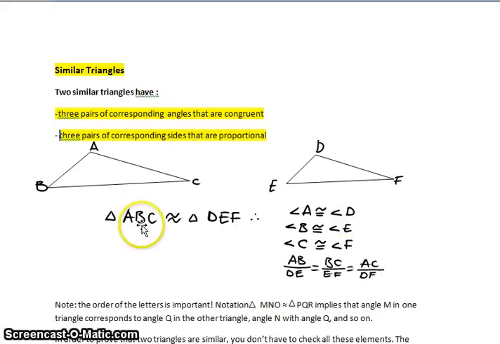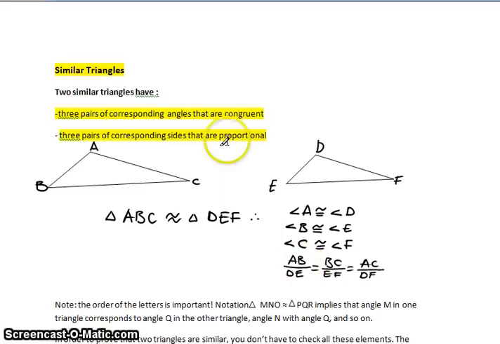The second letter in the name of the triangle, B, corresponds to the second letter in the name of this triangle, E. Therefore, angles B and E are congruent. And angle C corresponds with angle F. Therefore, angles C and F are congruent.